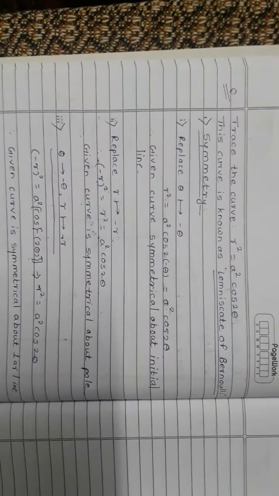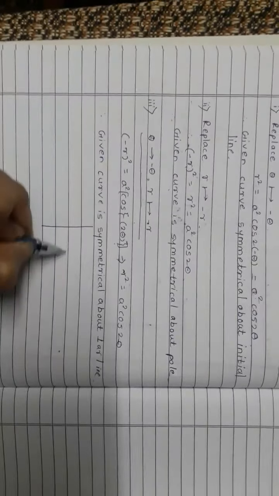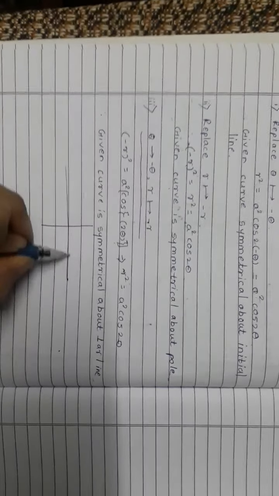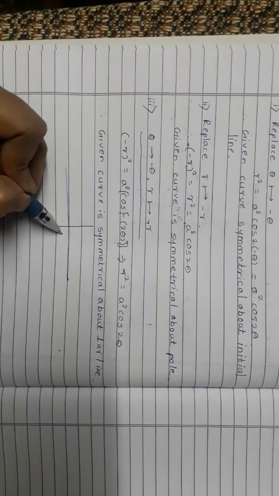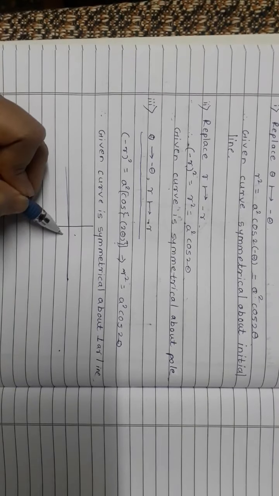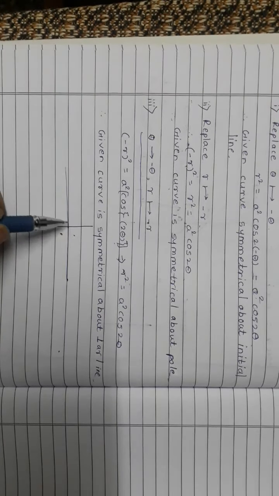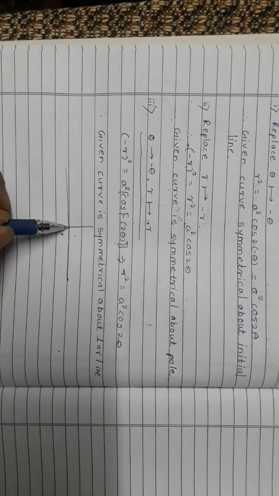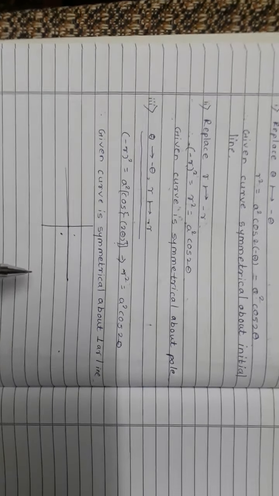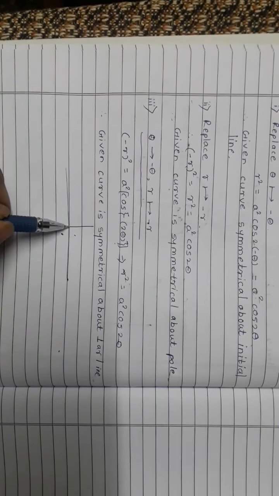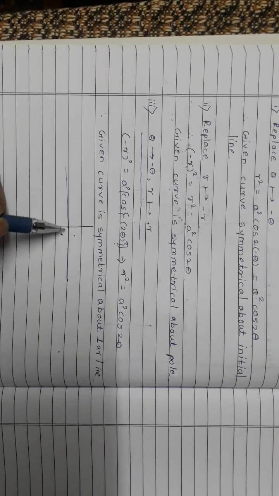So how is this curve going to be symmetrical about the initial line? Symmetrical about the initial line means the part which is present on one side will also be present on the other side. Symmetrical about the pole means that on both sides of the pole the same thing will lie.